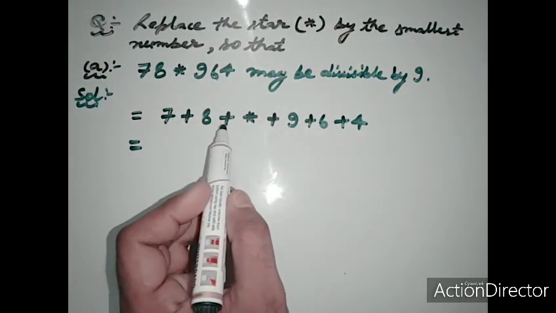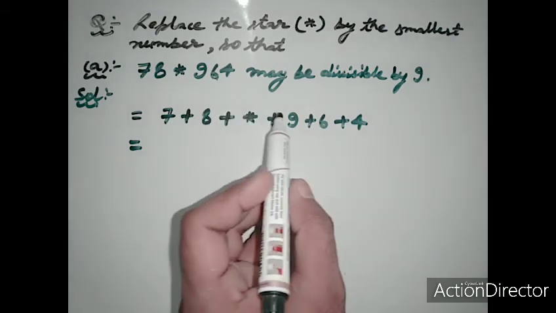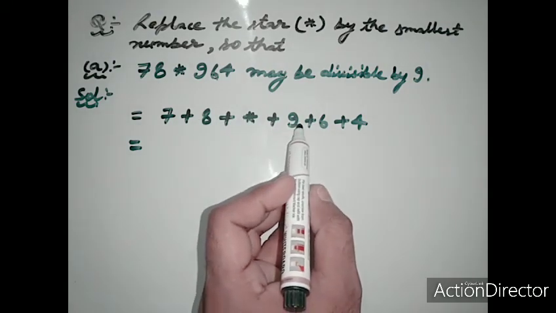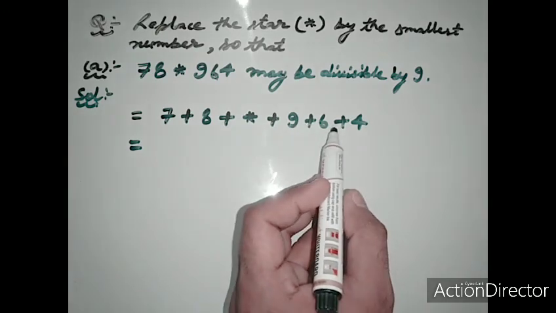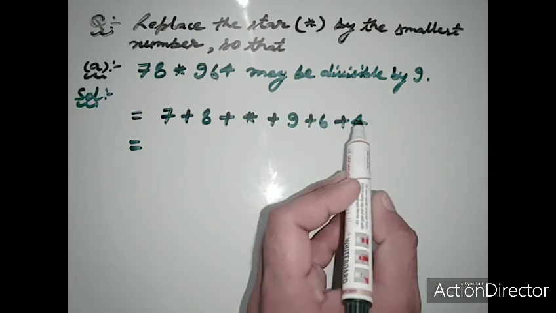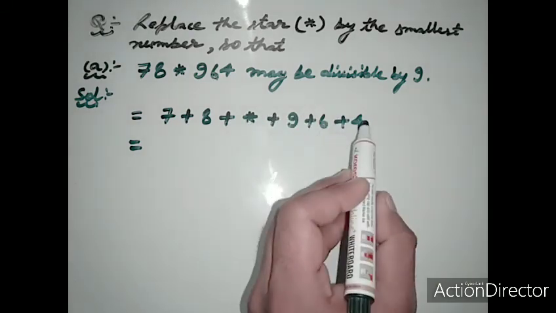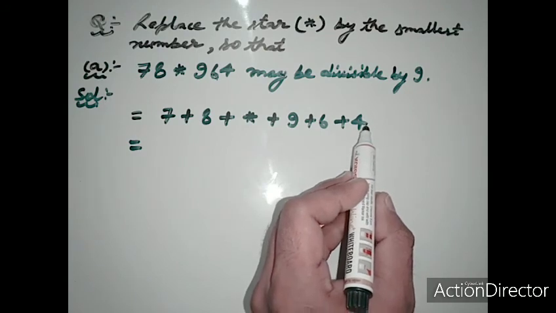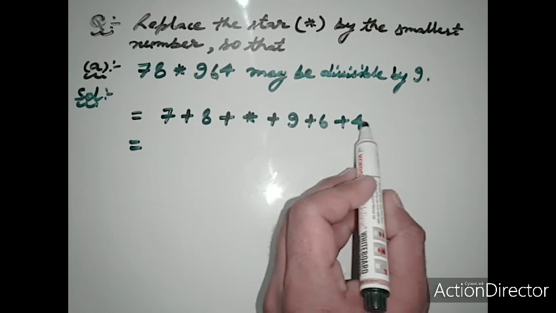7 plus 8, 15, 15 plus 9, 24, 24 plus 6, 30, and 30 plus 4, 34. So 34 is not divisible by 9, but 9 fours are 36, right? 36 is divisible by 9.